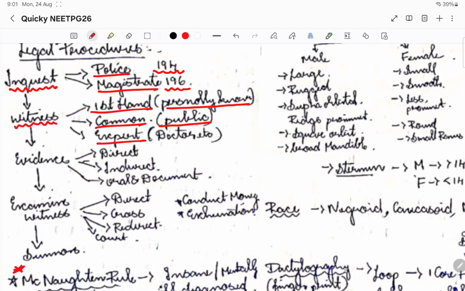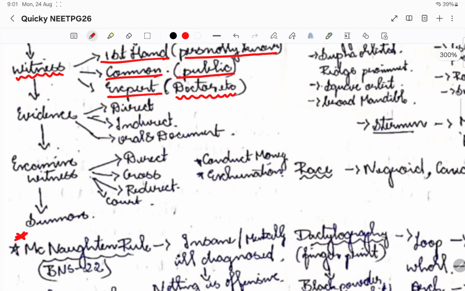For example, some murder is going on in a bus stand, so all the people who are in the bus stand will be the public, right? So they will be the common witness. Then the expert witness will be the doctors, all these people who have examined the crime and know that this was the finding that was seen in the body or something like that. So these are the expert witnesses.